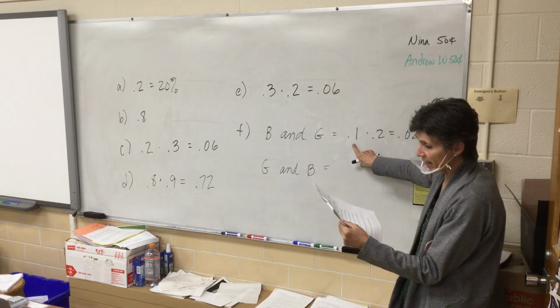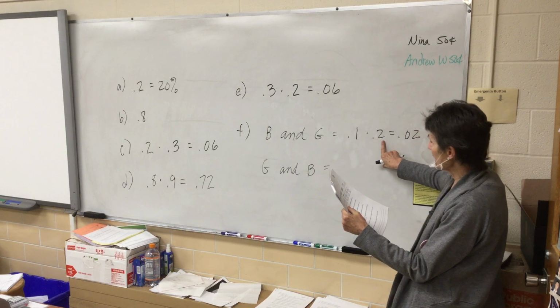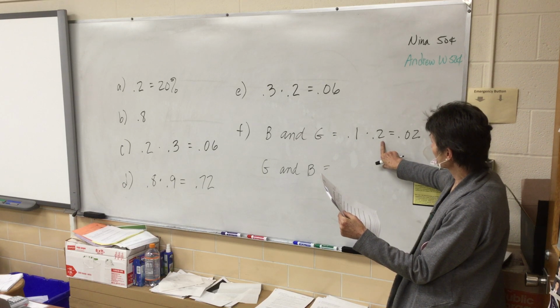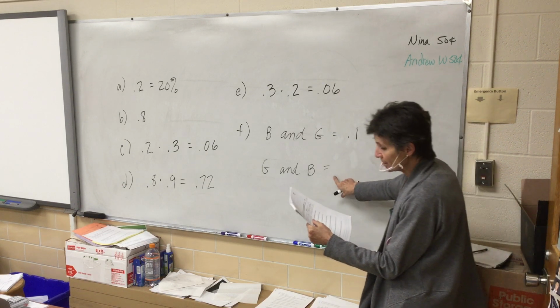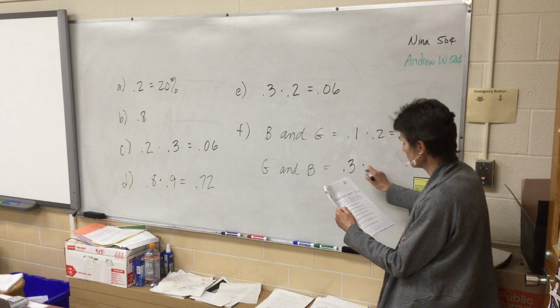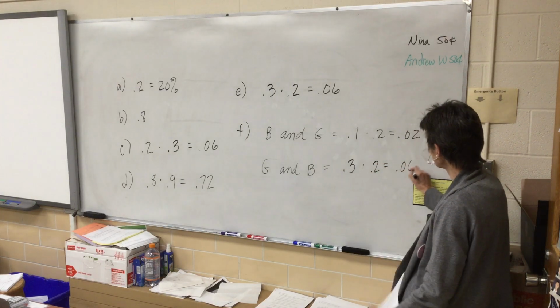Blue out of the first bag is 0.1. Green out of the second bag is 0.2. Now what about green and blue? Well, green and blue would be 0.3 out of the first bag and 0.2 out of the second bag, which is 0.06.